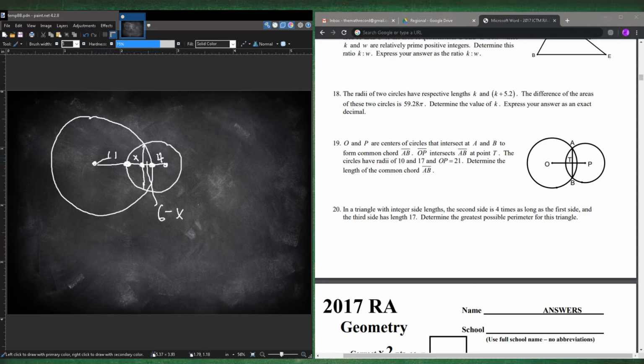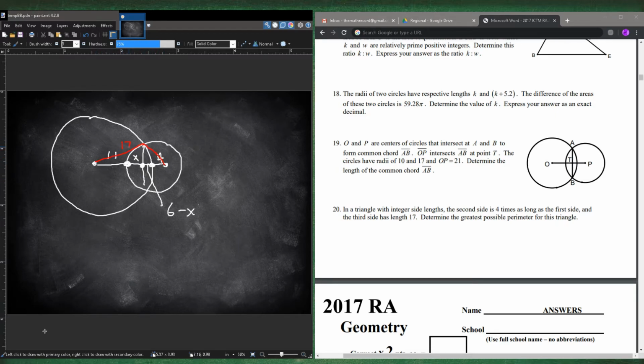Okay, so if we kind of draw two more lines right here, actually let's use a different color because it's a little weird to understand. So that's 6 minus x. Let's use red. We have a radius and we have another radius.